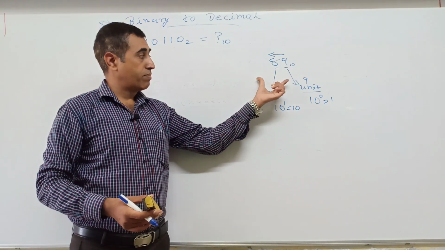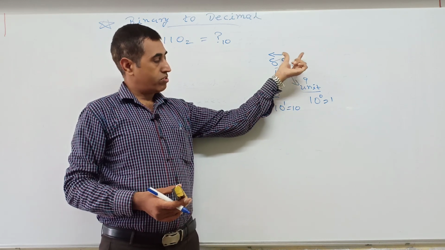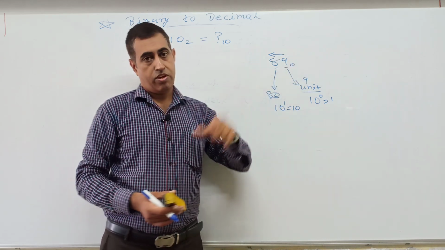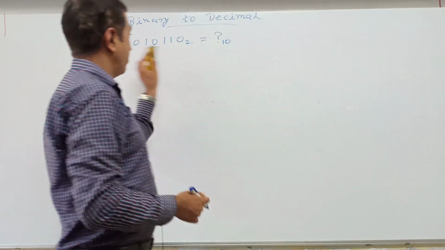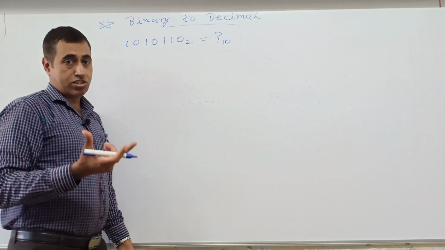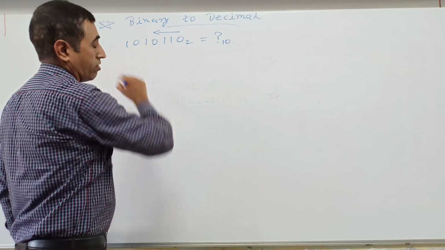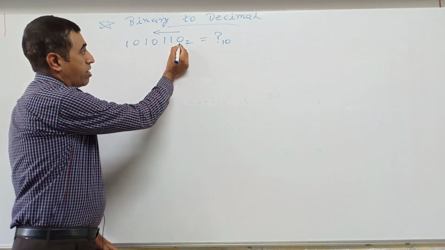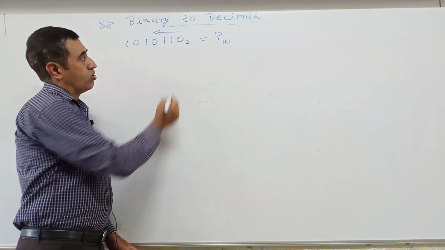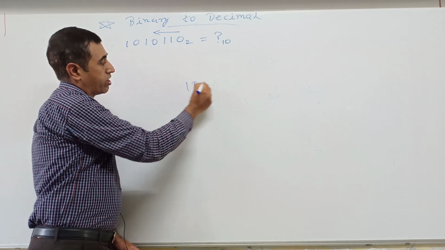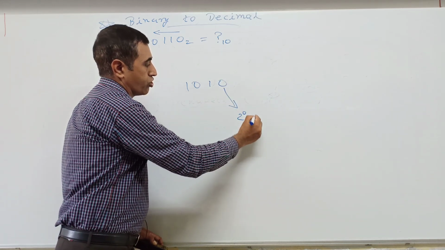But this is decimal numbering system, and that is why starting from right to left, the value becomes 10 times bigger. But in binary system, the base is 2. It means starting from right to left, the importance of digit becomes twice bigger. So actually, suppose the number is 1010, then this is 2 raised to 0 position, it means 1.